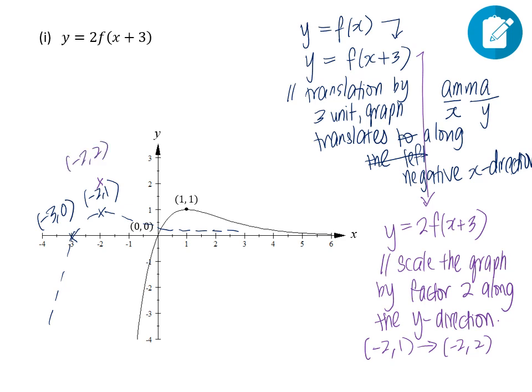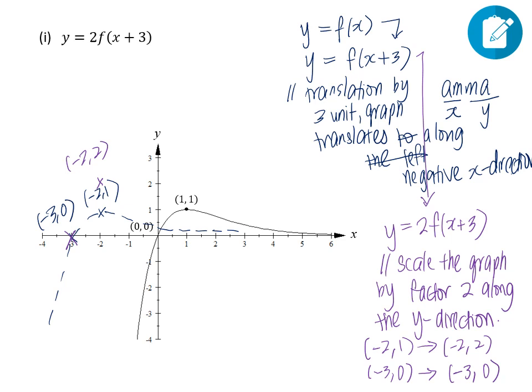by the value 2, and also what used to be the origin. In this case, because the y coordinate is 0, and you multiply 0 by 2, it doesn't change, so it remains the same.